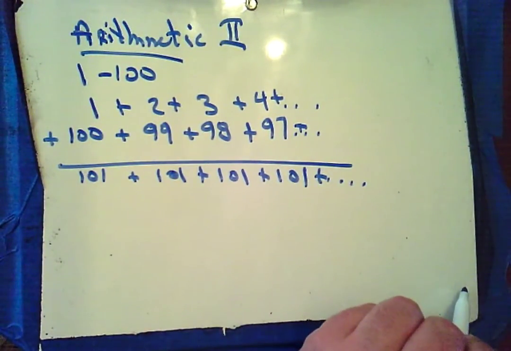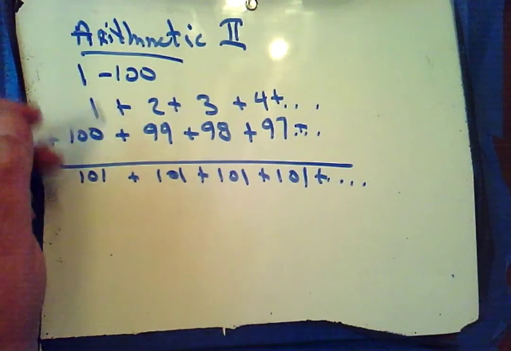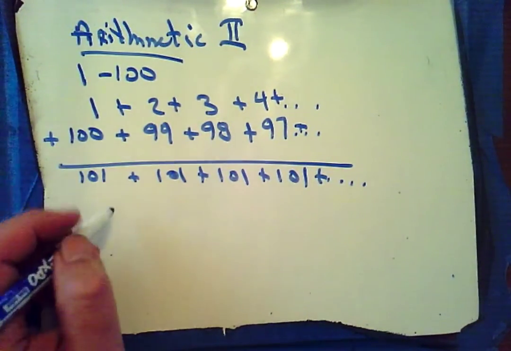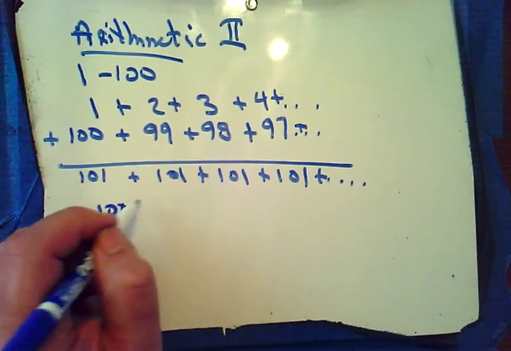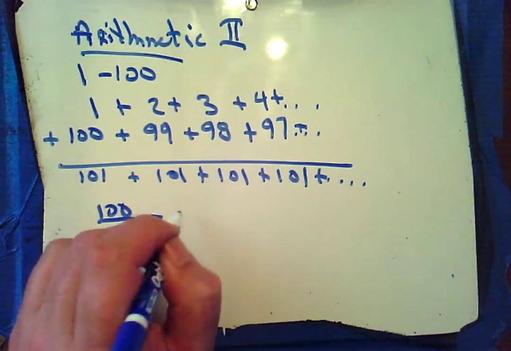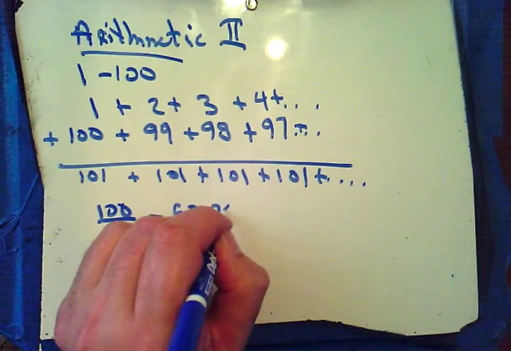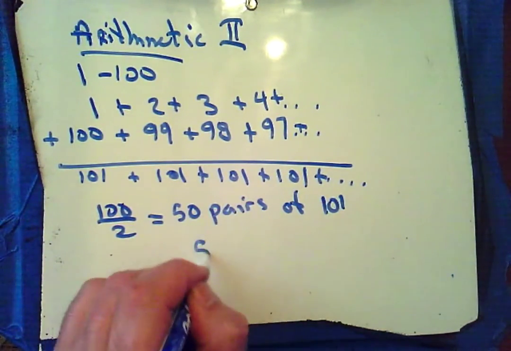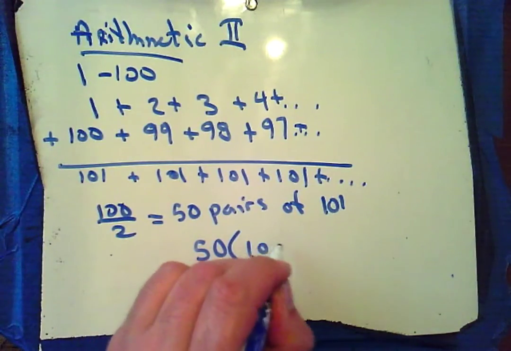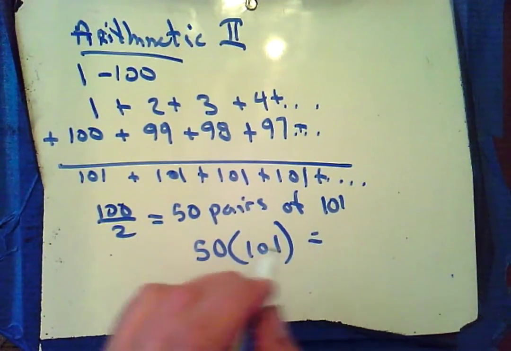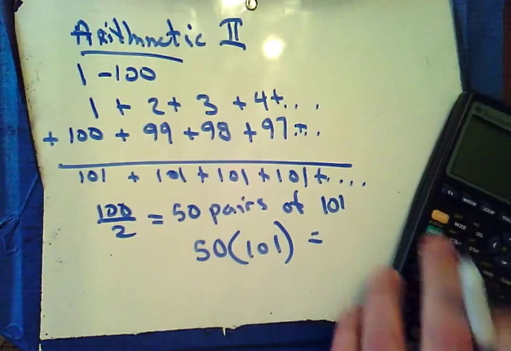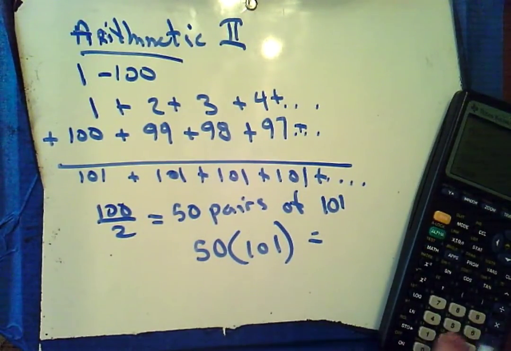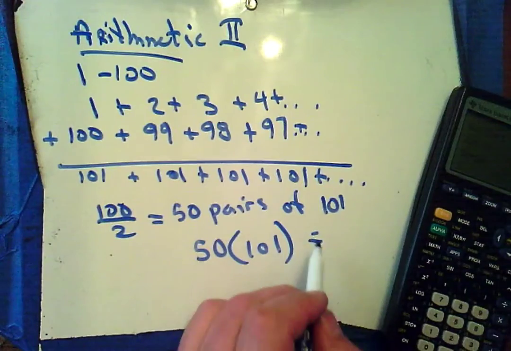And he thought, well, every pair is adding up to 101. I wonder how many pairs I have. So 100 divided by 2 said he had 50 pairs of 101. So he did 50 times 101, and he came up with 5050.